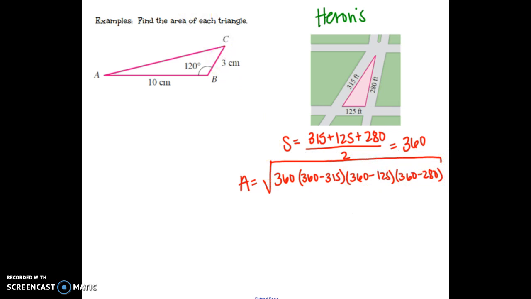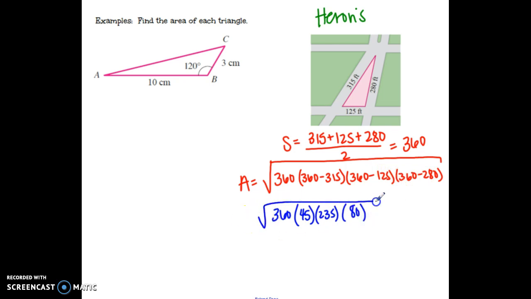Obviously we have to follow order of operations, so we do all of the subtractions first. 360 minus 315 is 45. 360 minus 125 is 235. And 360 minus 280 is 80.